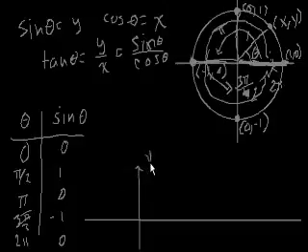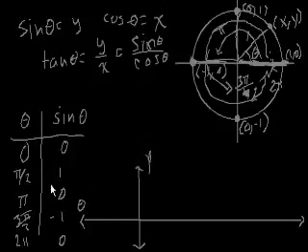This is y, and that's x. But in this case, instead of calling that the x-axis, let's call it the theta axis, because we defined theta as the input, or our domain is in terms of theta. So this is the theta axis. And now we're going to graph sine of theta.